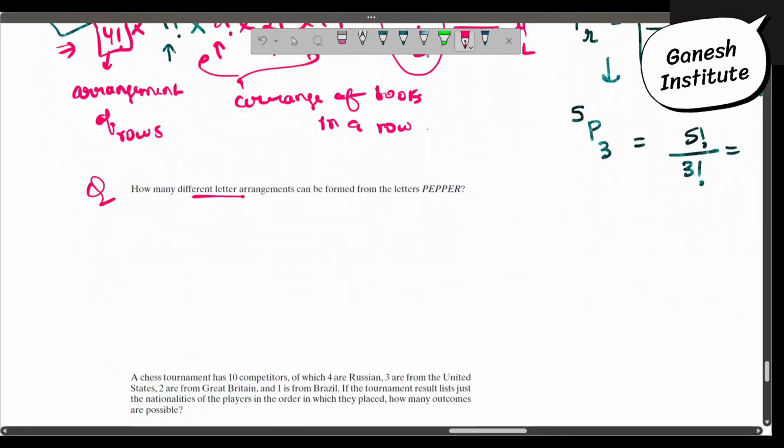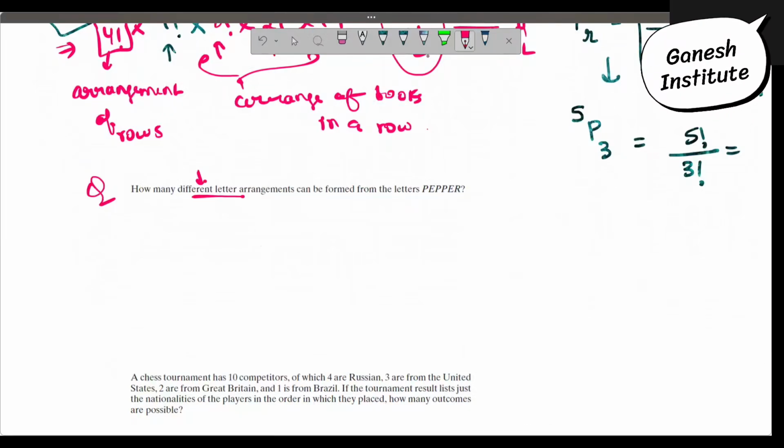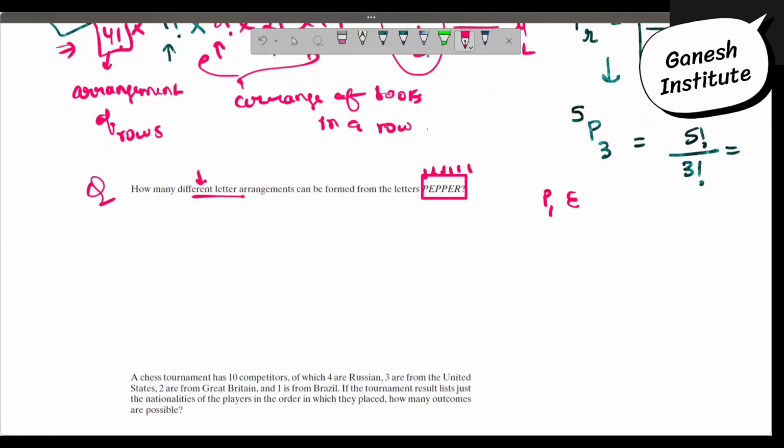Now there is another concept. The question has asked me how many different letter arrangements can be formed. Can you see this is pepper? And let's say if it would have been people, one, two, three, four, five, six, then of course those must be having different names, different identity.